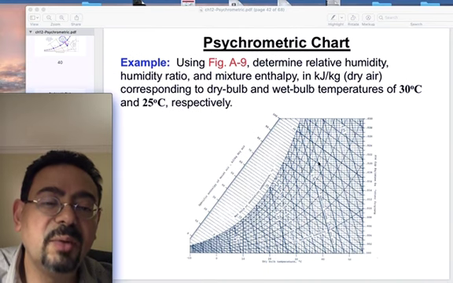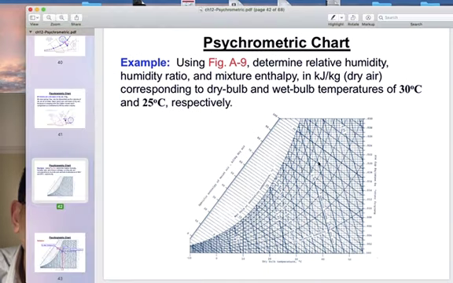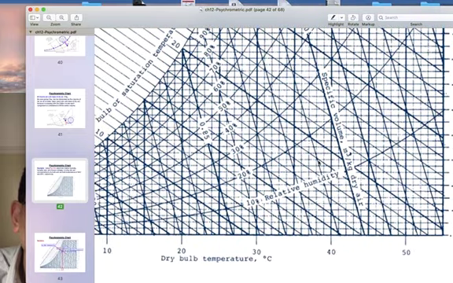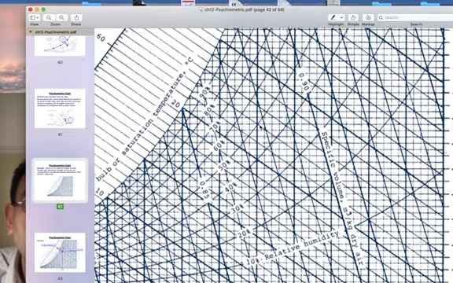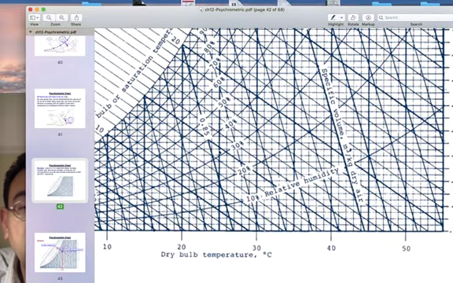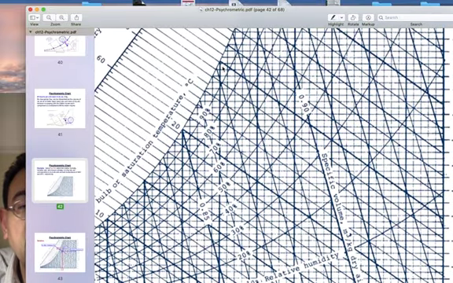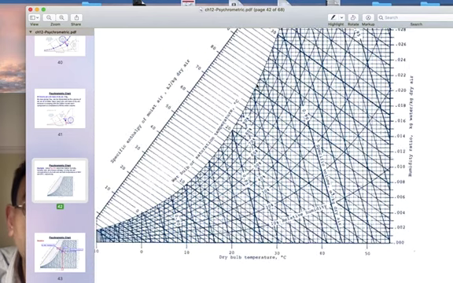So how can I find 30 and 25? 30 is dry, right? And 25 would be here. That is the dry bulb, but that would also be the wet. So I intersect the wet at 25 with the dry at 30, and that is my point.